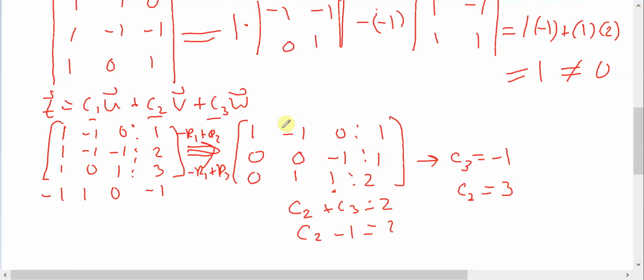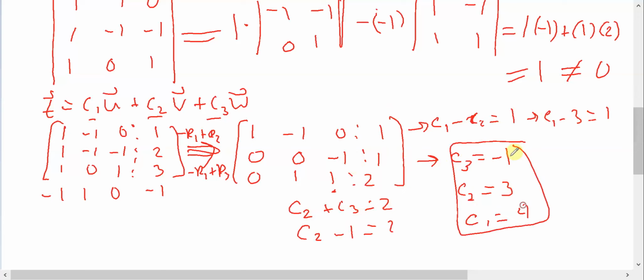And now putting C2 into this top one, I've got C1 minus C2 equals 1, but C2 is 3, so C1 minus 3 is 1, so C1 is going to be 4. So I get 4, 3, minus 1.